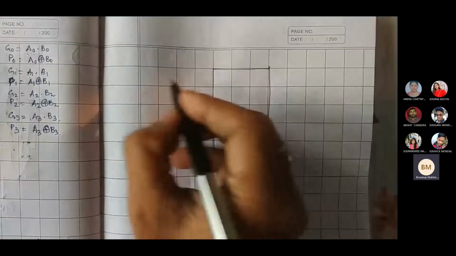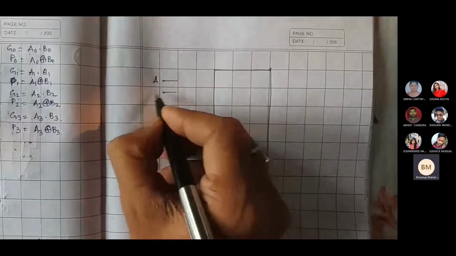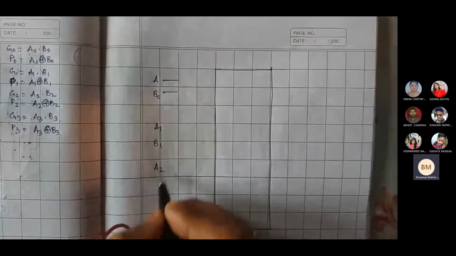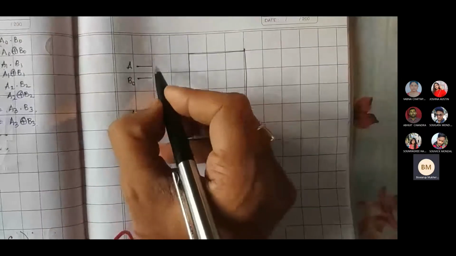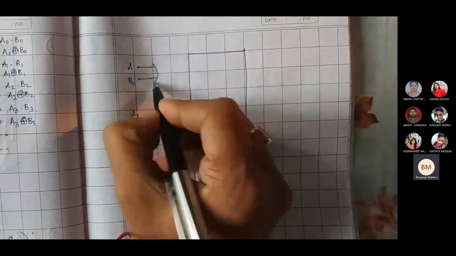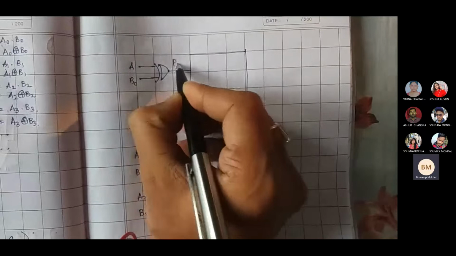we are actually making A0 along with B0 দুটো নিলাম. Similarly A1 B1 নিলাম. Similarly A2 B2 নিলাম. And we are also taking A3 B3. As simple as that. Okay. So there will be one XOR gate to produce P0, right?